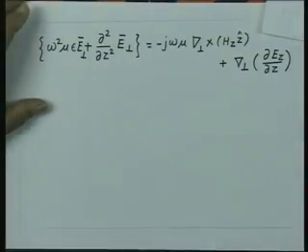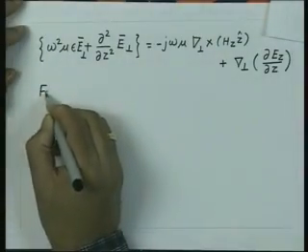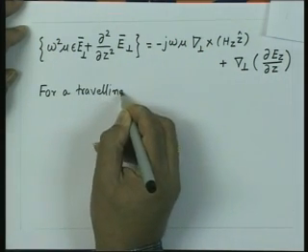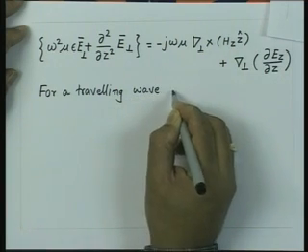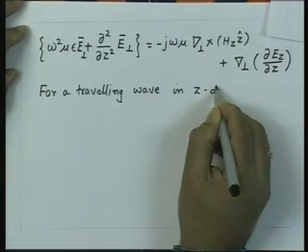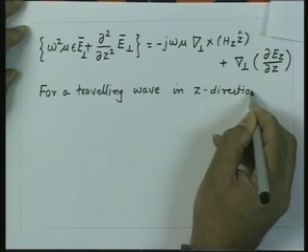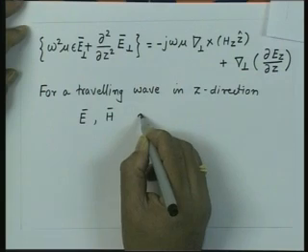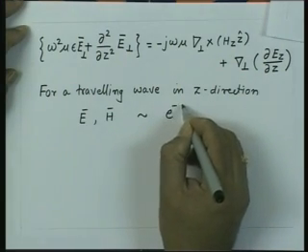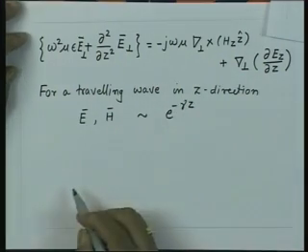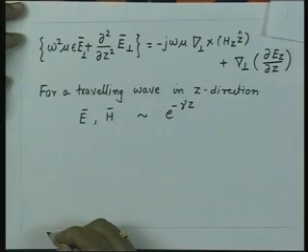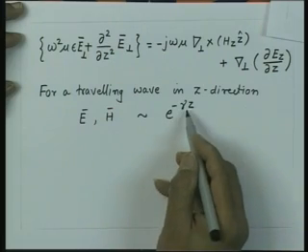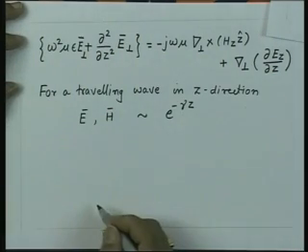Once we get that, then we know for a travelling wave in the z direction, the E and H will be varying as e to the power minus gamma z, where gamma is the propagation constant, and then all the derivatives with respect to z are equivalent to multiplying that quantity by minus gamma.